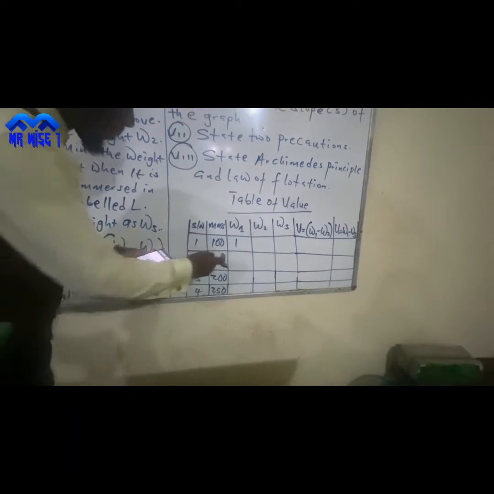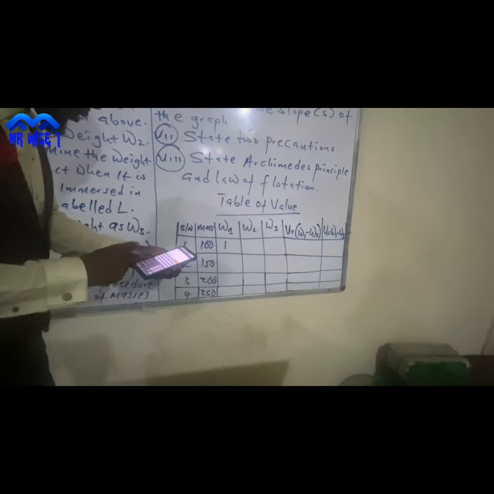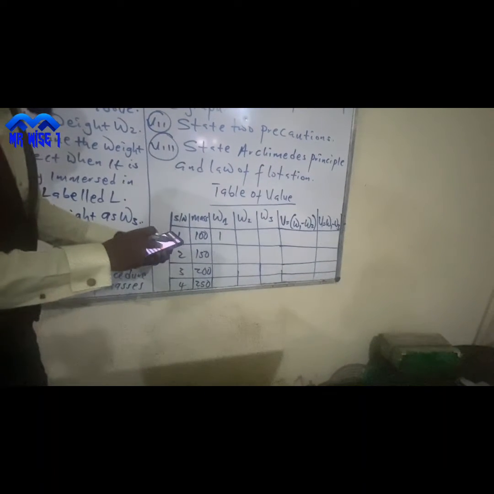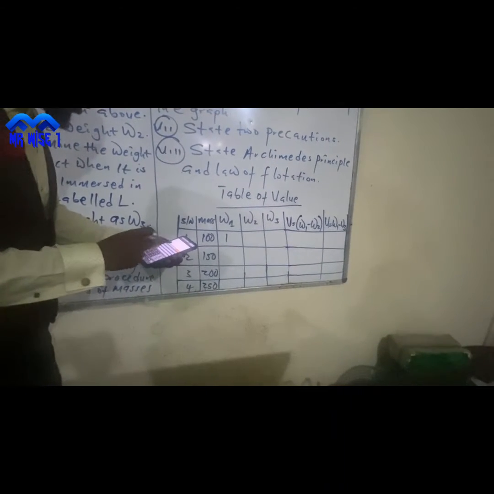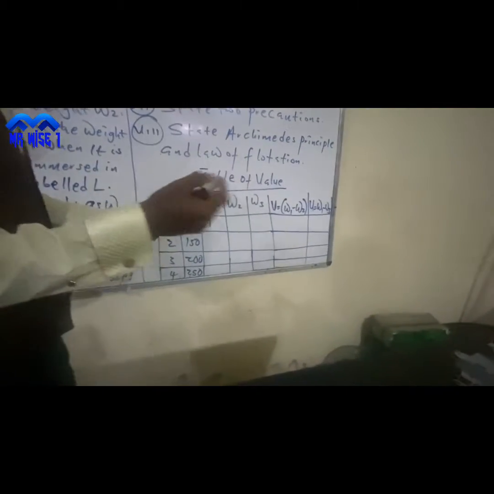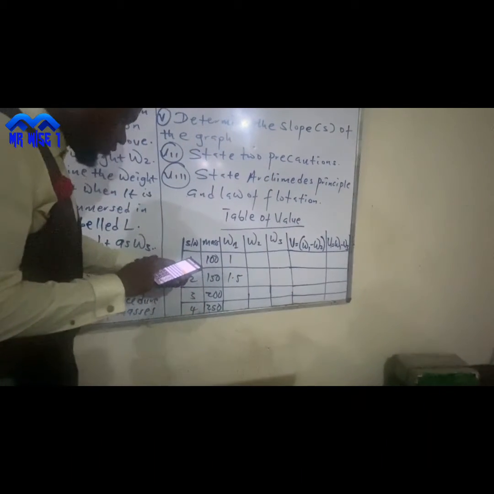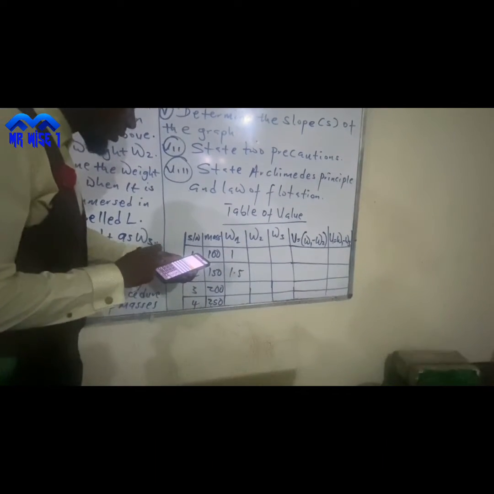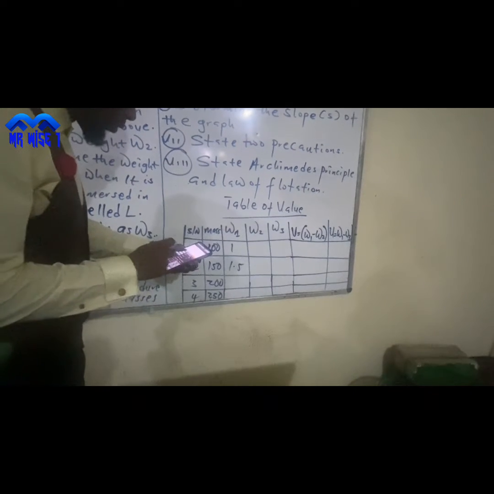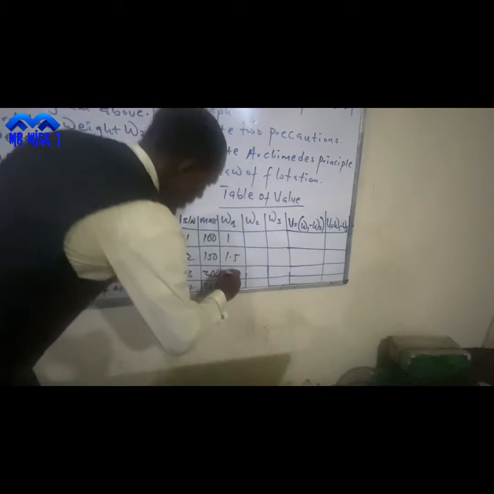So the same thing applicable to this. 150 divided by 1000, I have my 0.15. 0.15 times 10, because weight is mg, I'll have my 1.5. The same thing. 200 divided by 1000, I have my 0.2. 0.2 times 10, I'll have my 2.